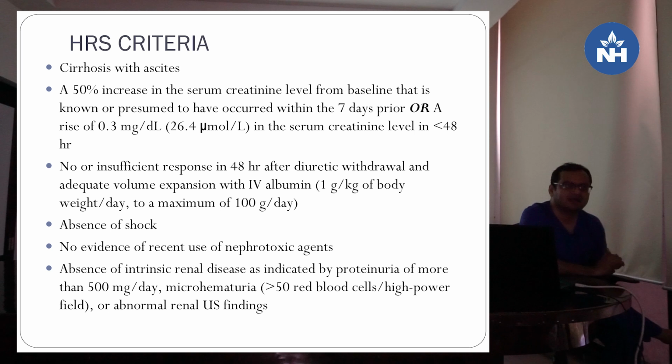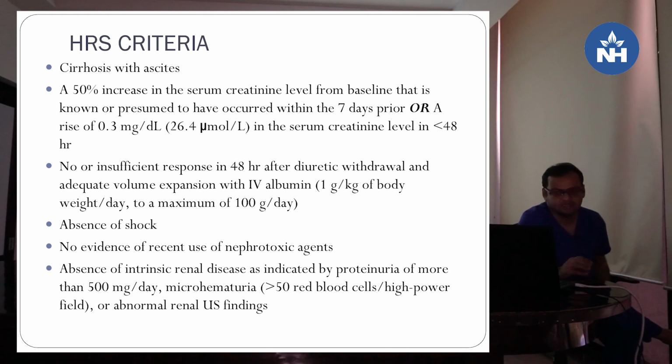The diagnostic criteria for hepatorenal syndrome: number 1, cirrhosis with ascites. Number 2, AKI, defined as a 50% increase in serum creatinine from baseline that is known or presumed to have occurred within the prior 7 days, or a rise of 0.3 mg per dl in serum creatinine within 48 hours.